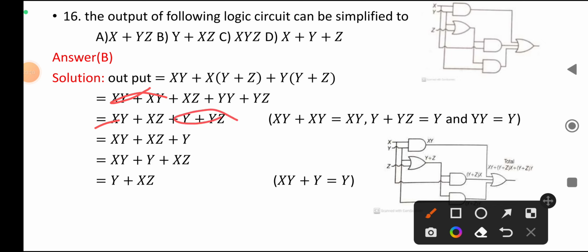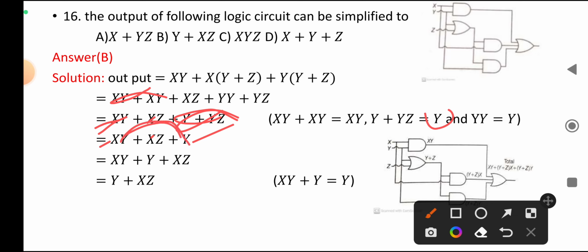Now its answer is this one only. And now y plus yz is y only. Okay, and next, xy plus xz. So xy plus xz is written as it is, and in the place of this is y.